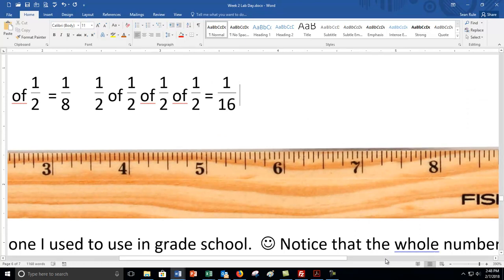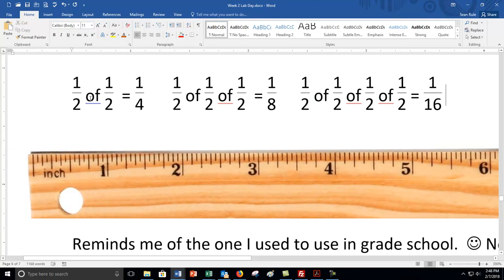All right, there we go. Hopefully you're seeing the pattern. Half of a half is 1/4, half of that is 1/8, and so forth. You're seeing the multiplication of the fractions, a throwback from your previous math class. So the smallest increment there is 1/16 of an inch. Okay, 1/16 of an inch.